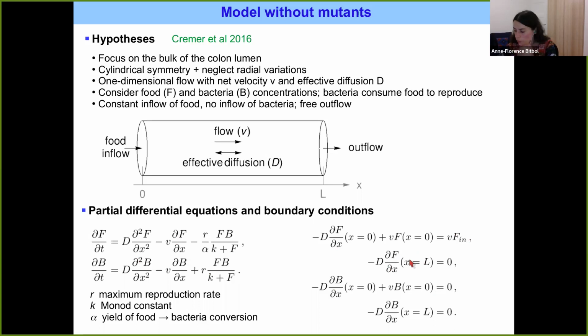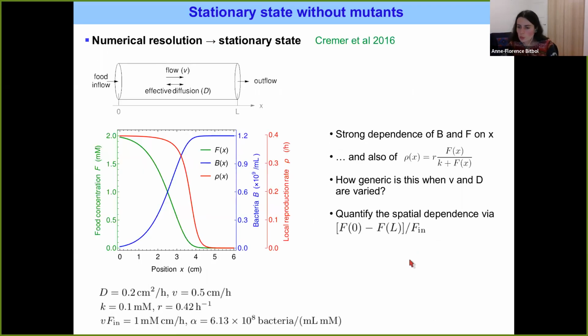Okay, so this is a mathematical description, and I'm going to show you the stationary state of this system in order to have an idea of what happens, and then we are going to discuss what happens to mutants. So for now, let's imagine that there is only one species of bacteria. We only have food and bacteria, so two fields to describe.